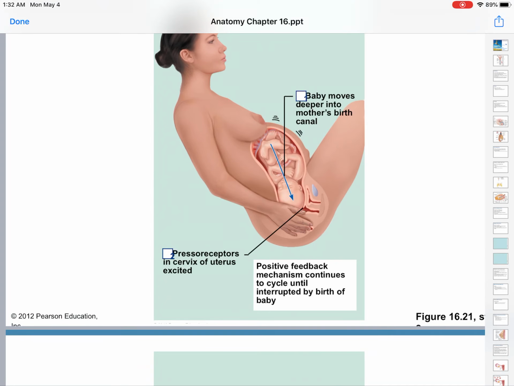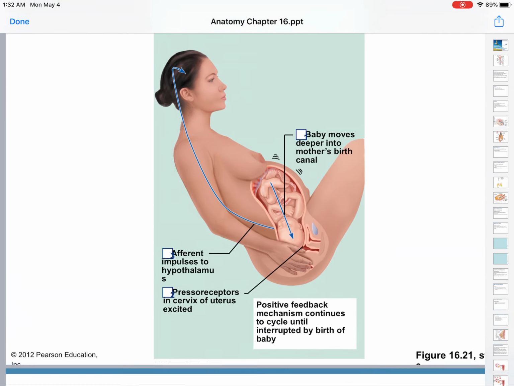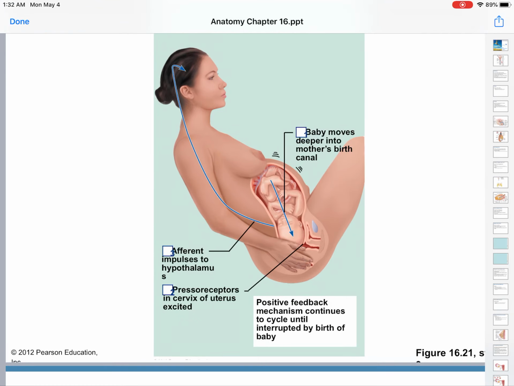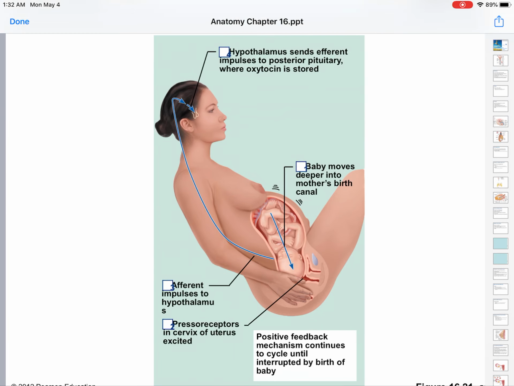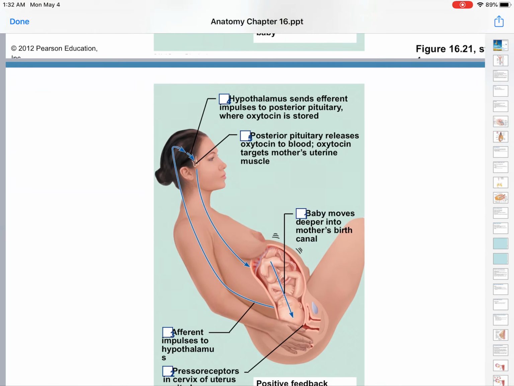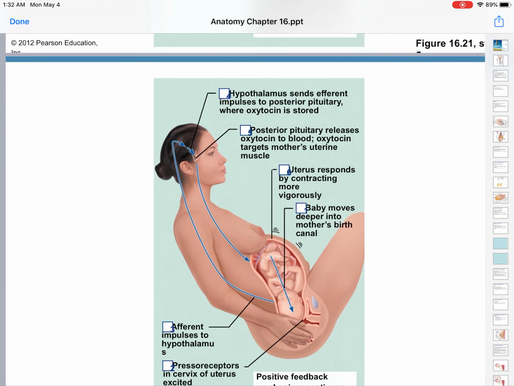Pressure receptors in the cervix will recognize the head is pushing into it. That will excite them. They send an impulse to the hypothalamus. The hypothalamus will send an impulse to the pituitary, where the oxytocin is stored, and the pituitary will release the oxytocin.